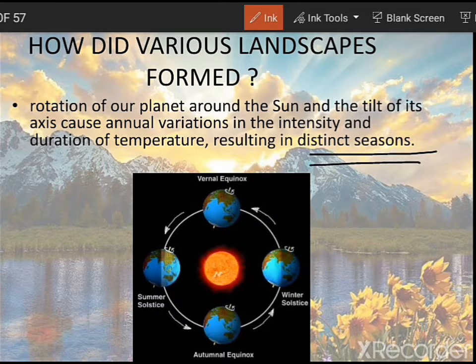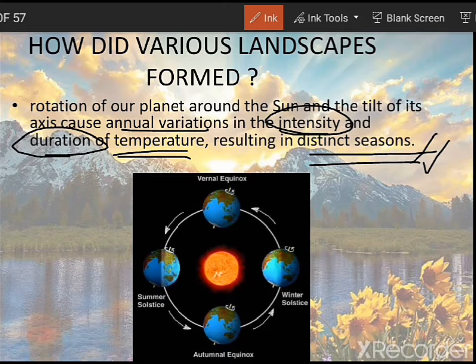Why does it lead to different seasons? It is because there are annual variations in the intensity as well as in the duration of temperature. So due to this variation in the intensity and duration of temperature, there is formation of distinct seasons. So this is how we can see different seasons. This is the first argument on how landscapes are formed.